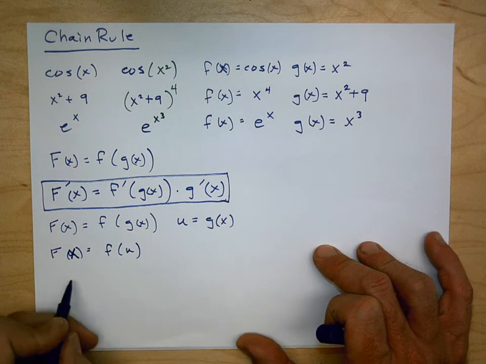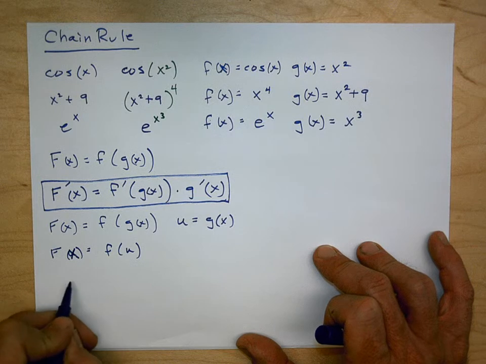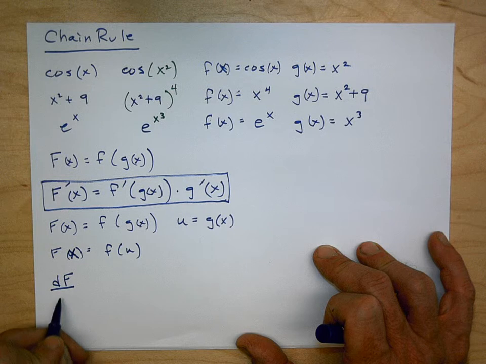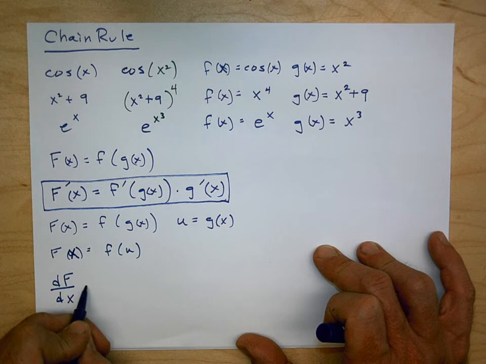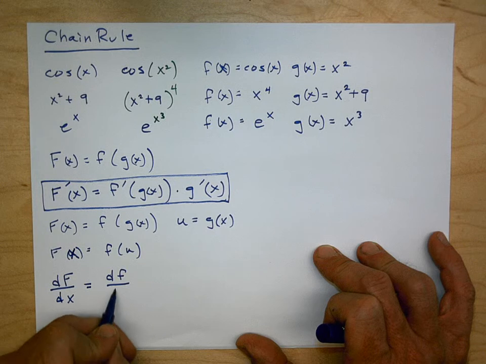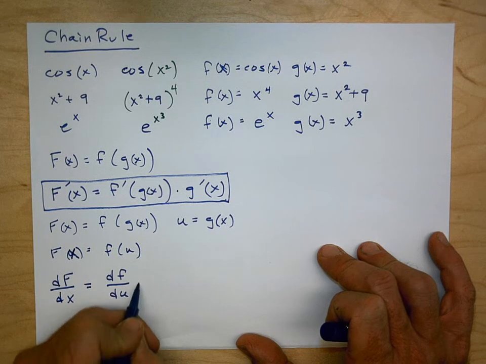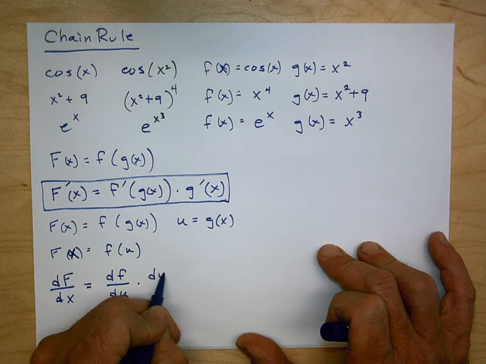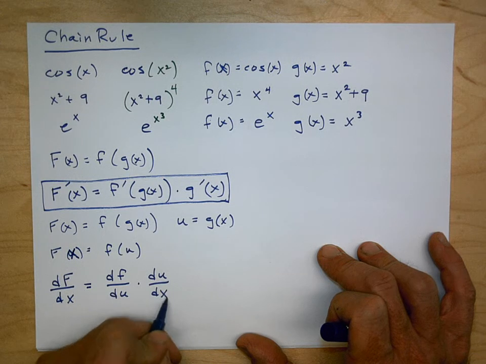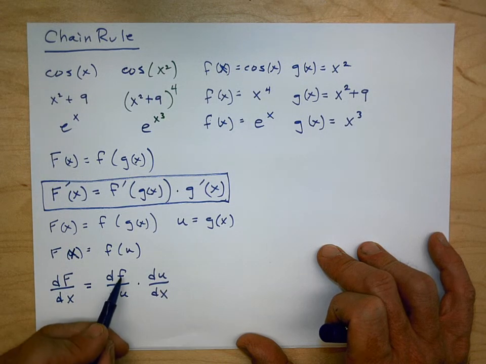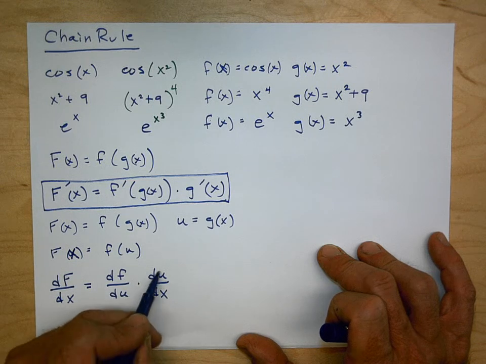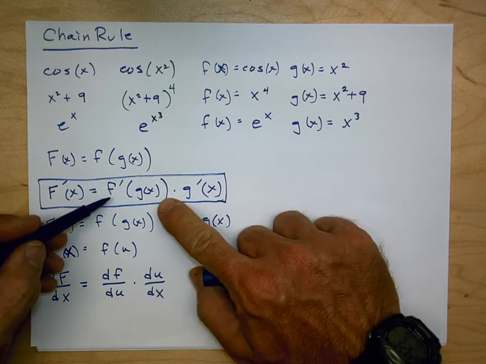Here's another notation: f prime, or you can think of it as df dx, equals df du times du dx. We take the derivative of f with respect to u times the derivative of u with respect to x. But notice that's the same thing as what's going on here.